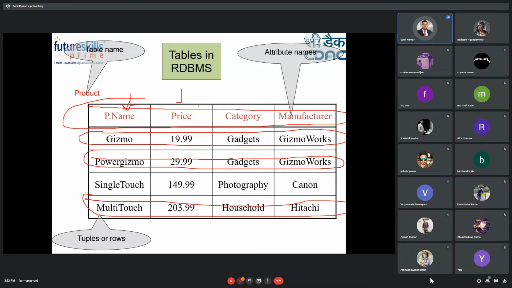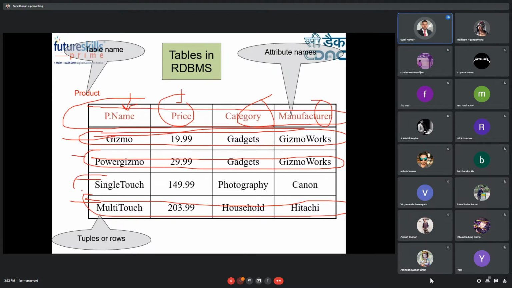So these are the attributes of the table. And how many tuples in this table? 4, because a tuple is a row of the table. So this table has 4 rows. So we can say that the attributes of this table are 4, and the tuples or records in this table are 4.